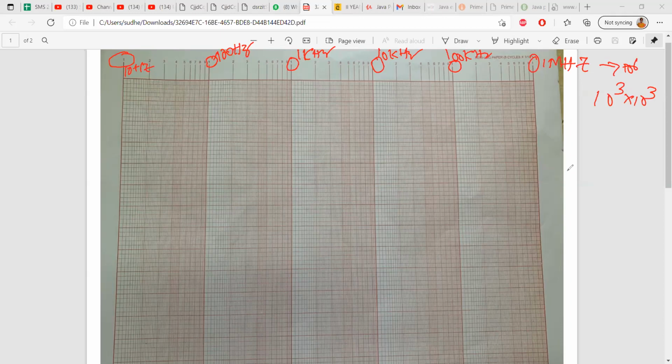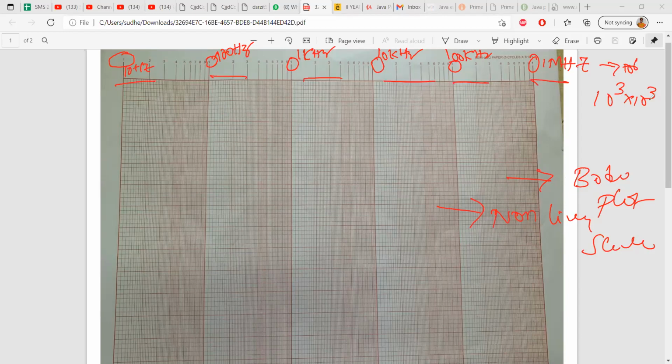This is the Bode plot scale. This we are going to use to draw the Bode plot. So this is the non-linear scale now. We are using non-linear scale. So if you observe the 10 times change in frequency, that is called the term decade.